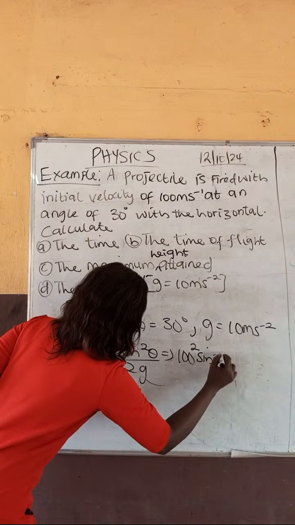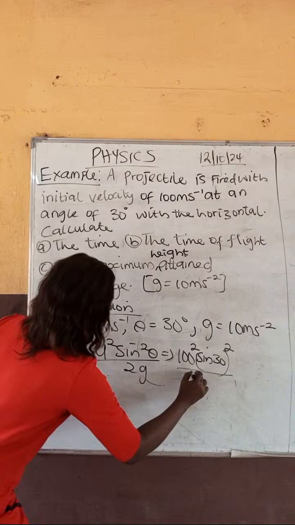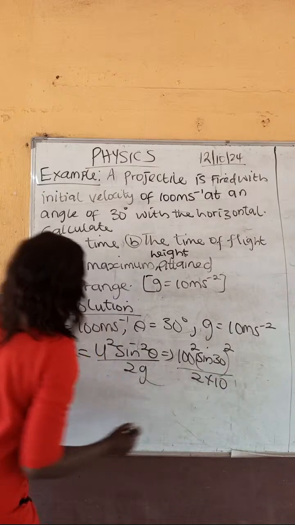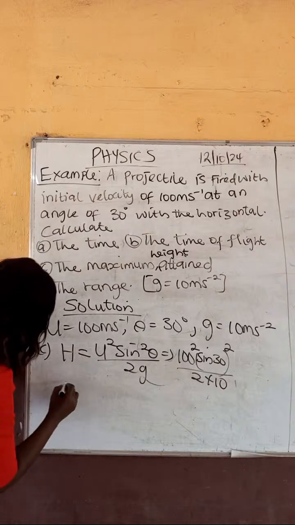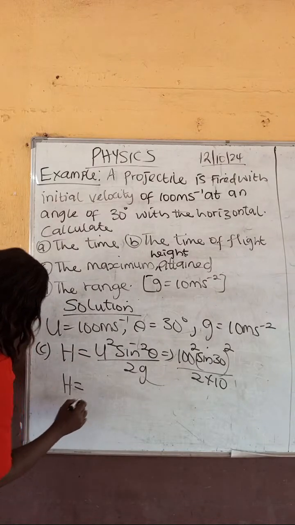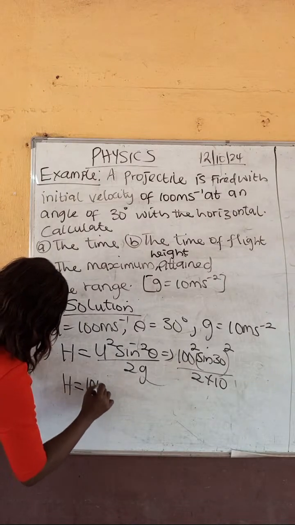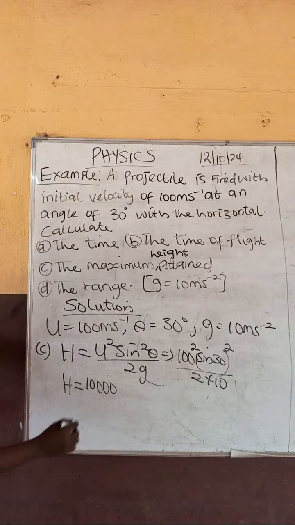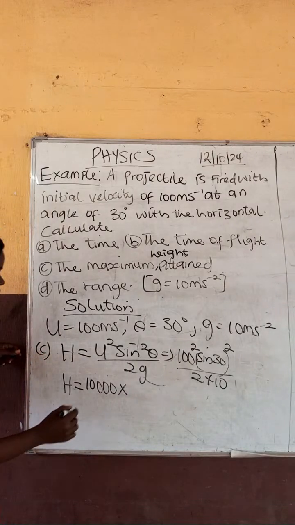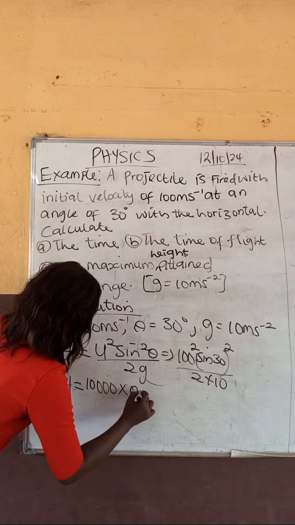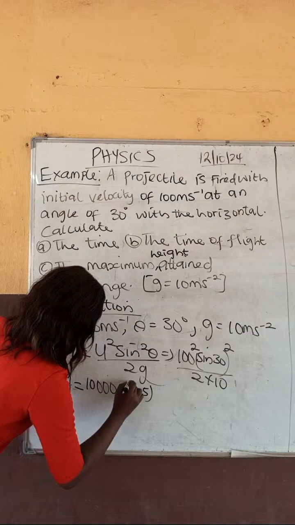This is sine 30 all squared, all over 2 times 10. Okay, so let's bring it out. You say H is equal to 100 squared, which is the same thing as saying 10,000, times sine 30, which is 0.5. I will say 0.5 all squared.